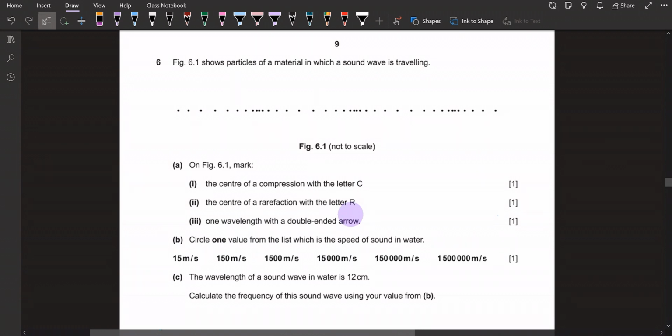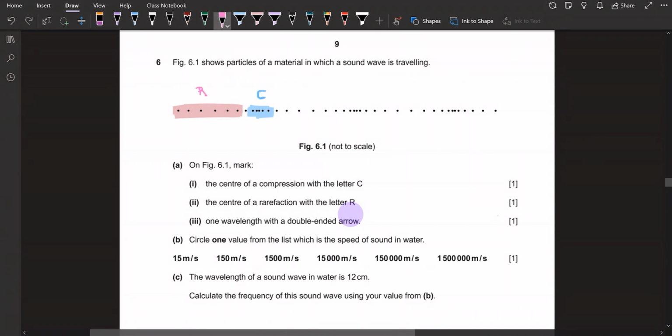So we can see here what is compression. Compression occurs when particles are closest, and rarefaction occurs when the particles are further apart. So I have highlighted. This is going to be our compression, and this is going to be our rarefaction.